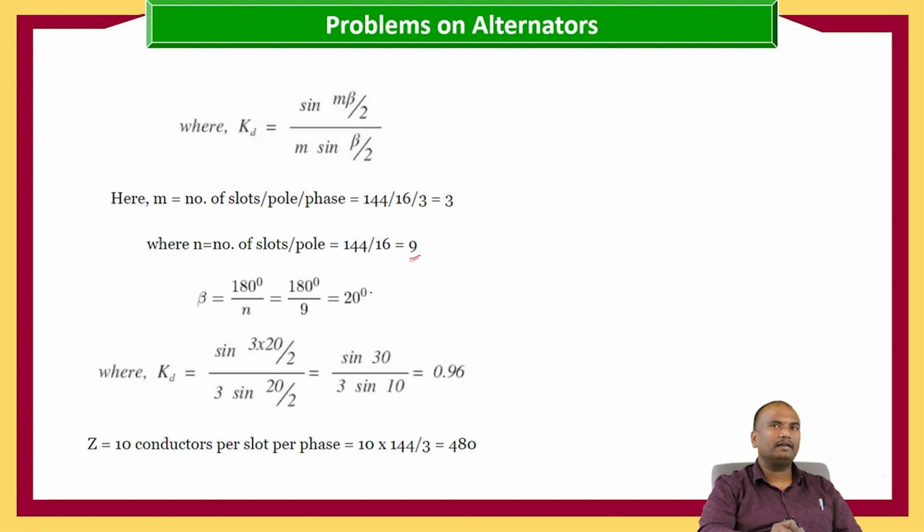Now we need to calculate the Kd value, where Kd is equal to sin(3 into 20 by 2) divided by 3 sin(20 by 2), which is equal to sin 30 by 3 sin 10, which is equal to 0.96. Z is equal to 10 conductors per slot per phase, that is equal to 10 into 144 by 3, which is equal to 480 conductors.